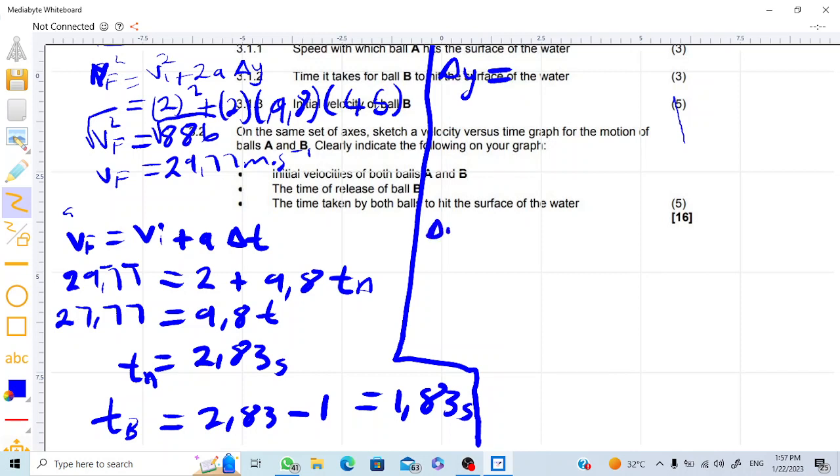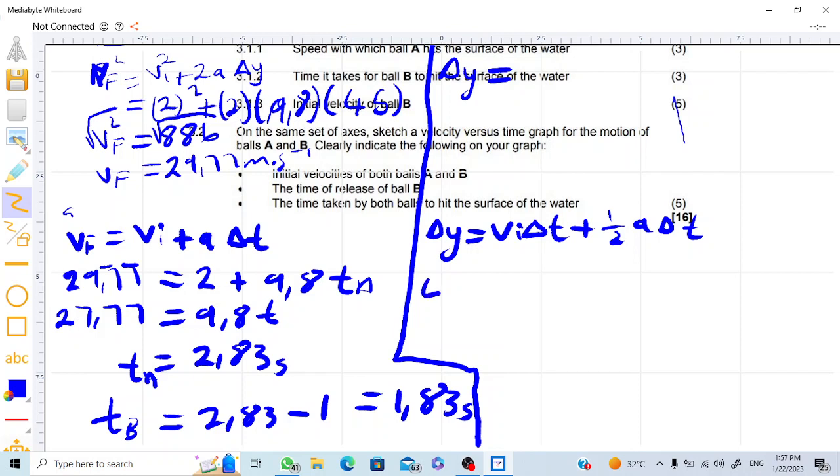Delta y is equal to V initial delta t plus 1 over 2 a delta t squared. Now what is the initial velocity? That's what we are looking for. What is the height? We were told that the height is 45 meters. We even used it here on the first question.